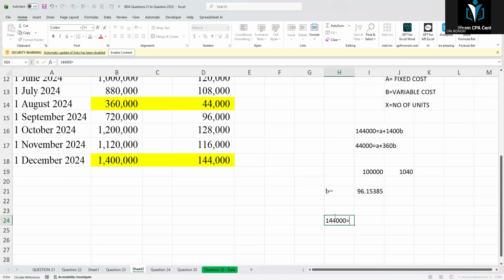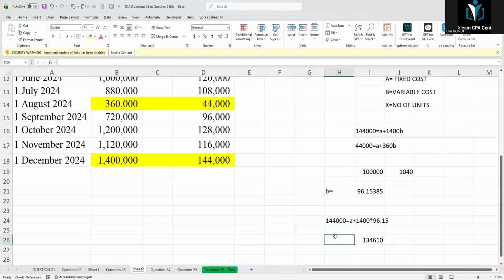144,000 equals a, which we don't have, plus 1400 multiplied by 96.15. So if we get 1400 multiplied by 96.15, we are getting 134,610.